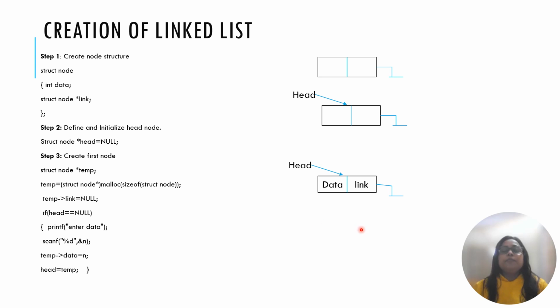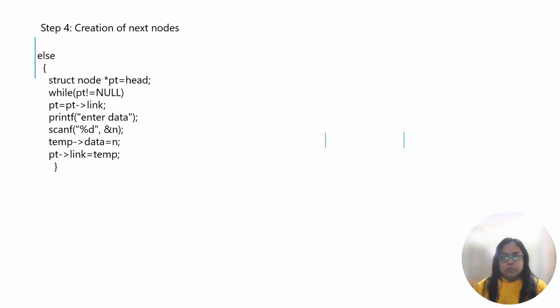So very easy, just you have to remember this one. First you have to create a blank node, then just put your data item, and link will be null. Okay, and head pointer, that was initially null. Null means head was not pointing anywhere. Now after creating this node with the data, head will be pointed to the first node.